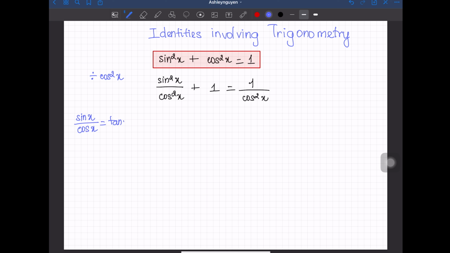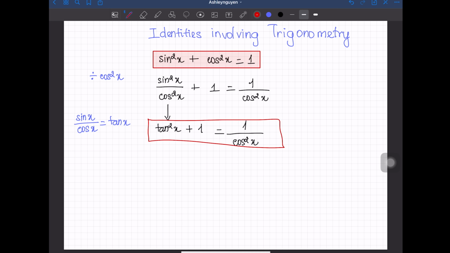I would do the substitution here. I replace sine square x over cosine square x by tangent square x. Tangent square x plus 1 equals 1 over cosine square x. This is your second identity that we use in trigonometry.